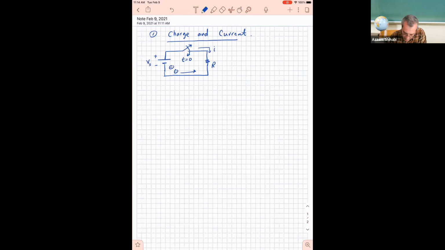So I, the current, is the time rate of change of charge. Mathematically, I is dq/dt.